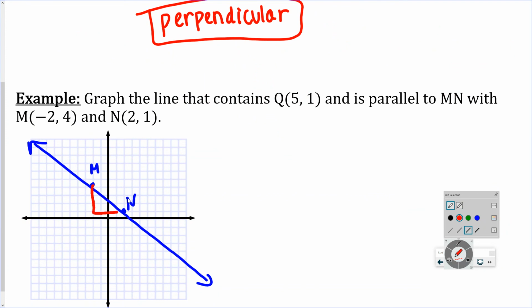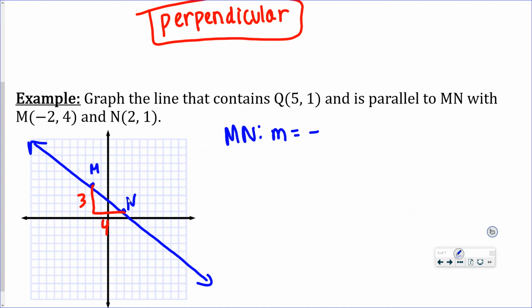So I have a rise of 3, run of 4, and it's going down. So this slope is negative 3 over 4. Okay, you could have also used slope formula to find that.